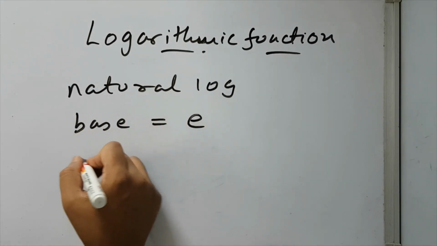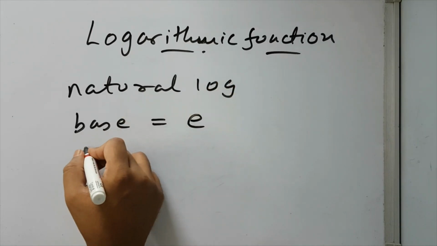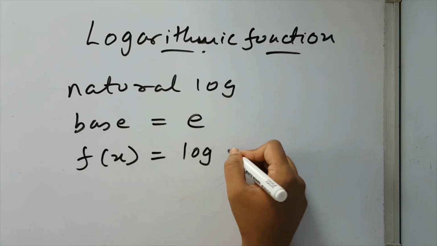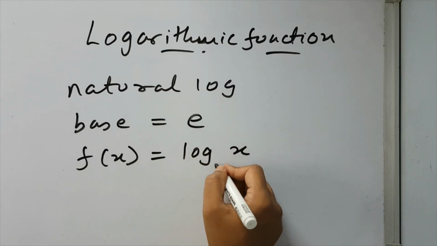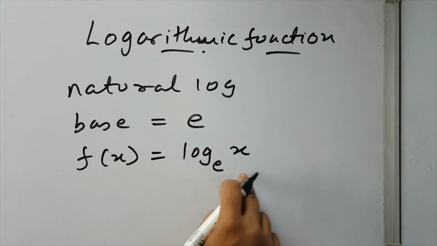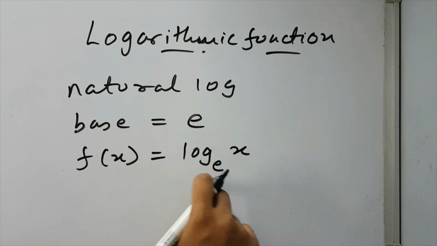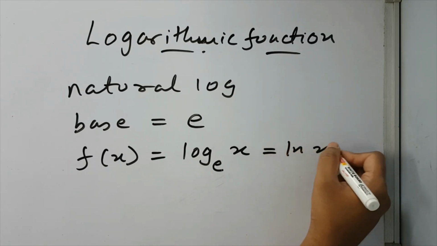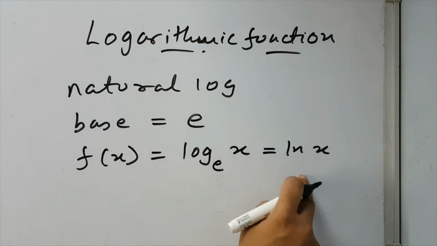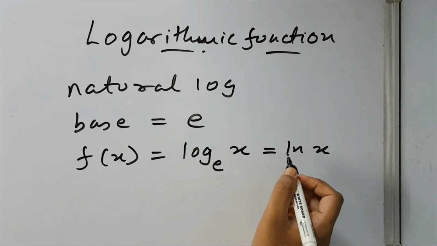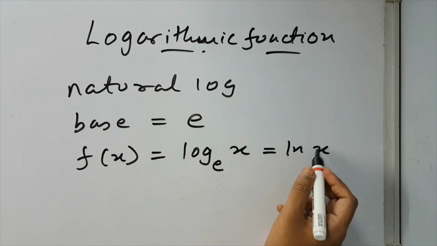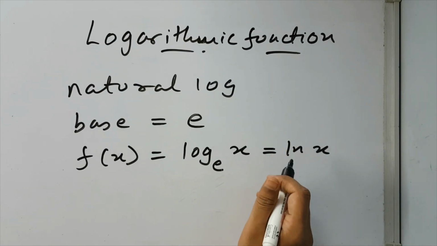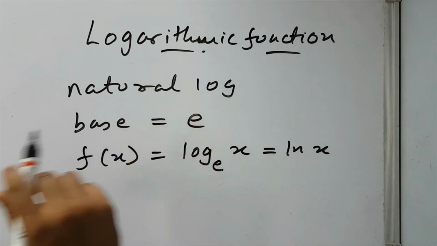So the natural logarithmic function would be f of x is equal to log of x to the base e, and this is represented by ln of x. Whenever I write ln of x, that basically means I'm asking you what is the log of x to the base e. All right, this is called natural logarithm.